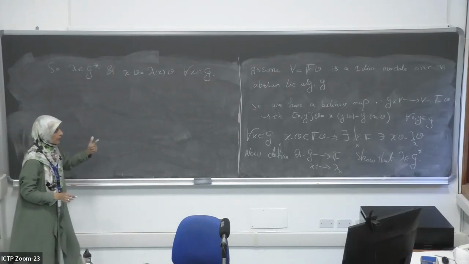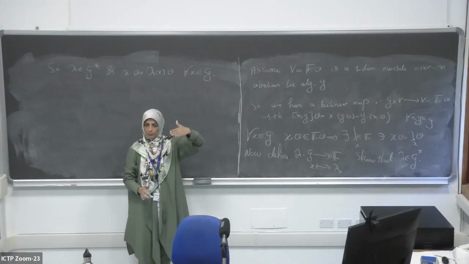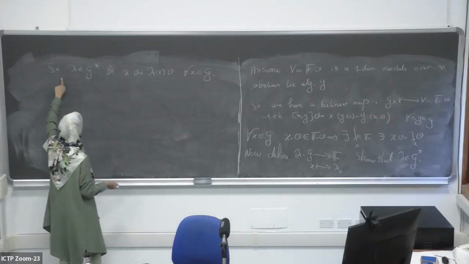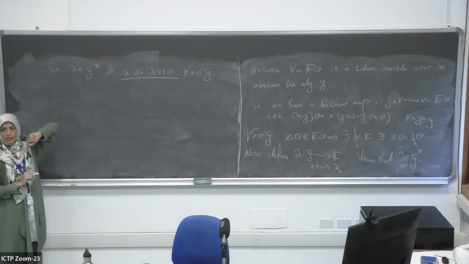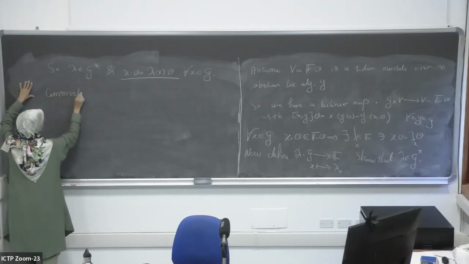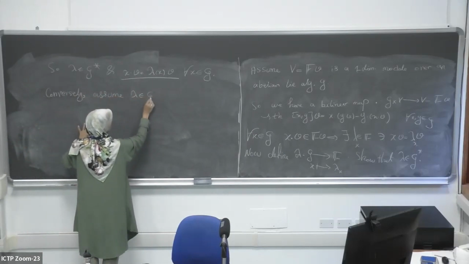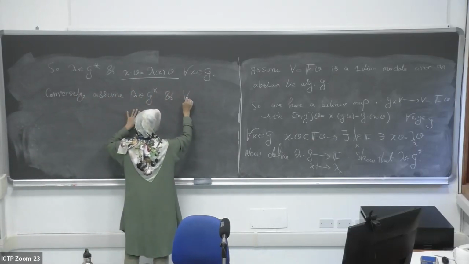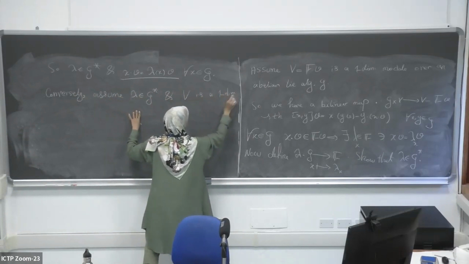So what we summarize now, if we have a one-dimensional representation or one-dimensional module over G, we have a functional, and this property happens. Okay? Conversely, assume lambda is an element of G star and V is a one-dimensional vector space.